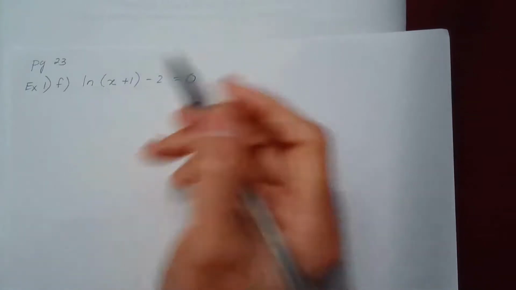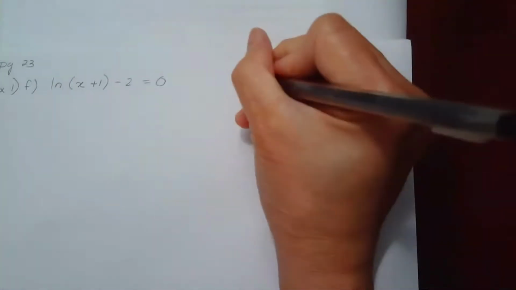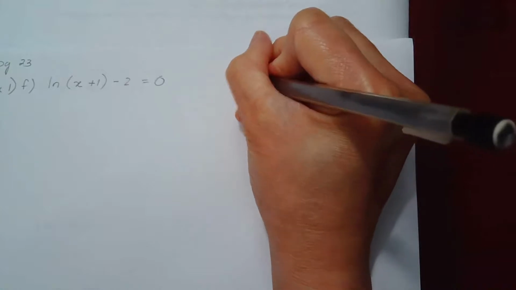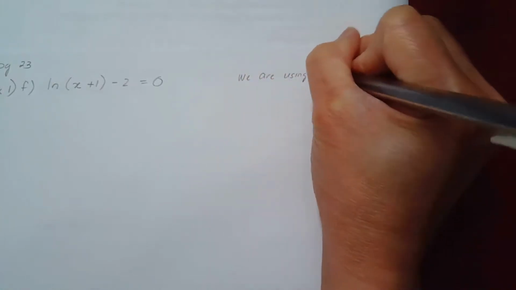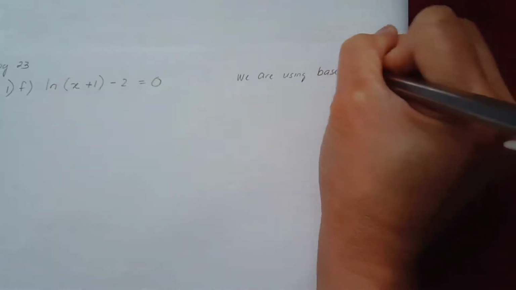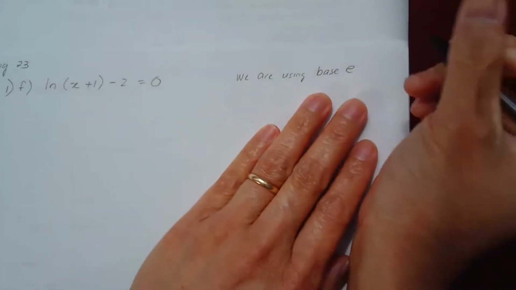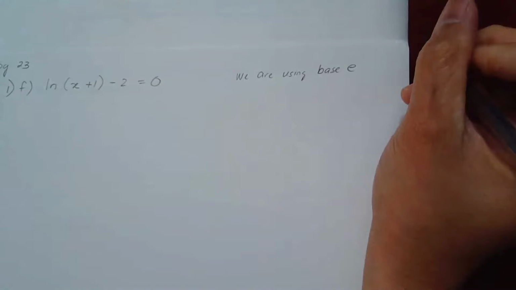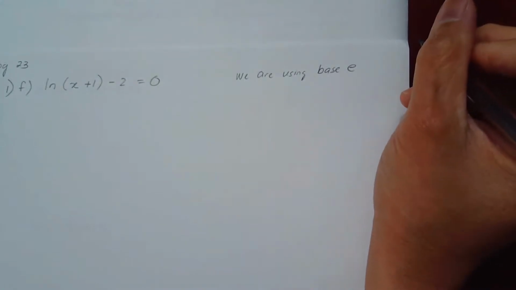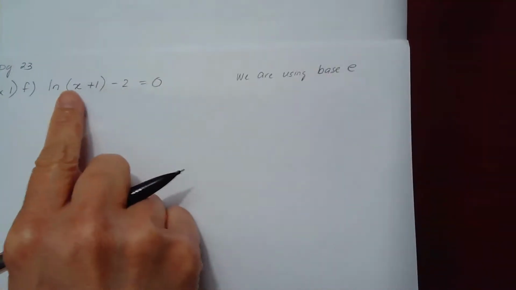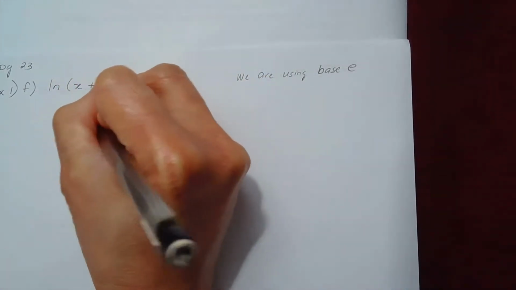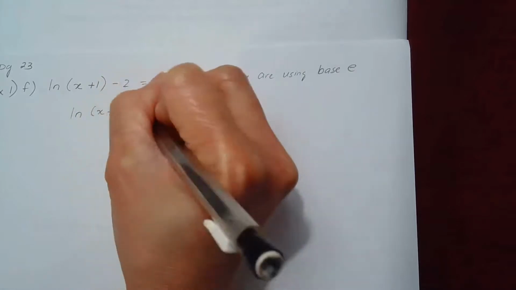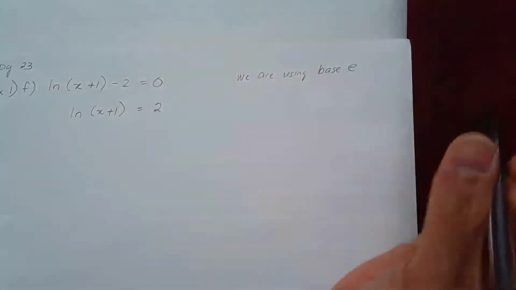So we are using base e for natural log. So let's see if this one could be simplified. I can put this over here. So natural log of x plus 1 equals positive 2.